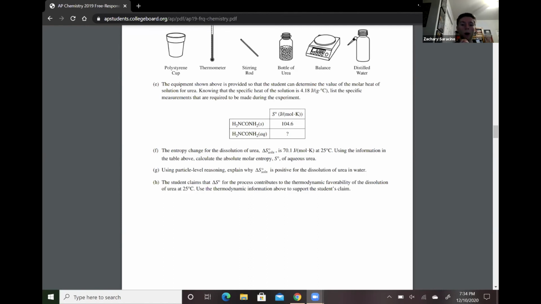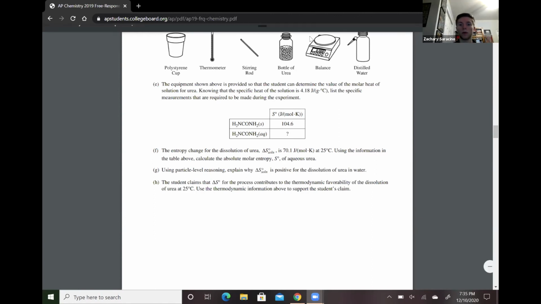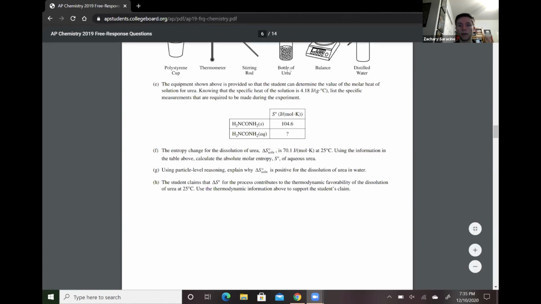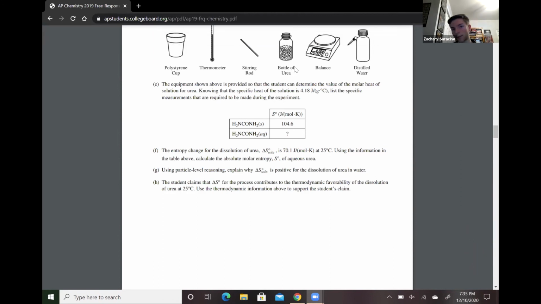And that is why there is going to be a positive delta S value, because you have more molecular arrangements and positions of the particles in the solution. So a little tricky, but it requires you to think of entropy on a deeper level, other than just the fact that positive entropy is more disorder.